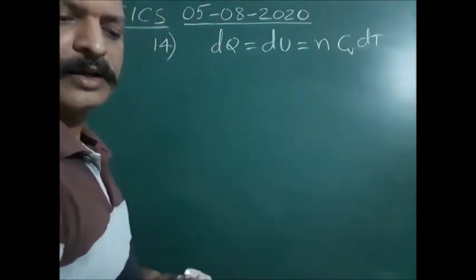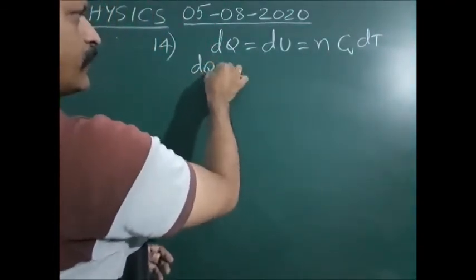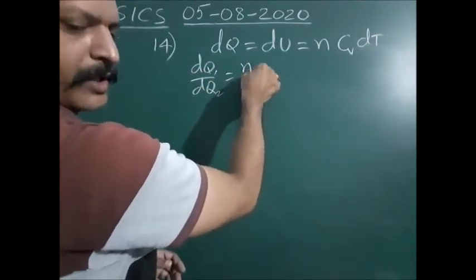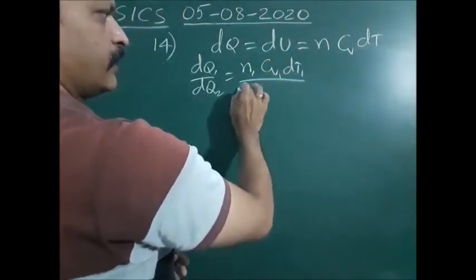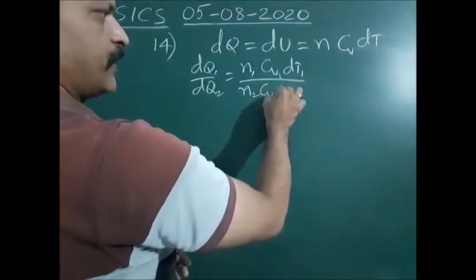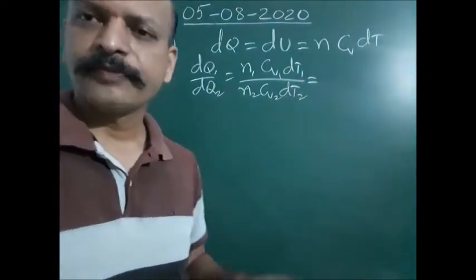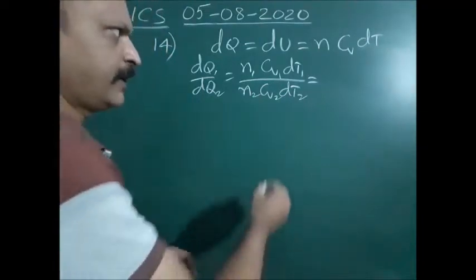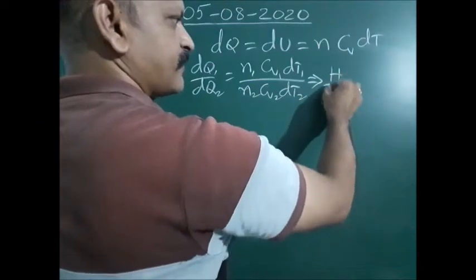Now for the two gases, if you take the ratio dQ1 by dQ2 is equal to n1 Cv1 dT1 by n2 Cv2 dT2. And this will be, for the first gas, it is taken as H. For the second gas, we have to find out.